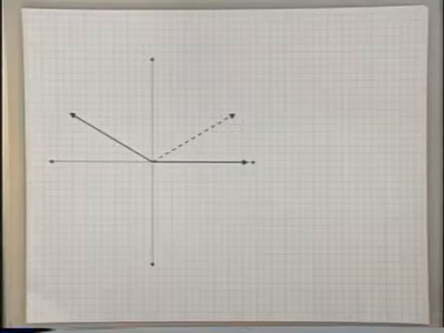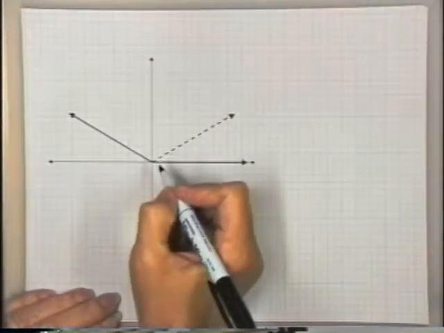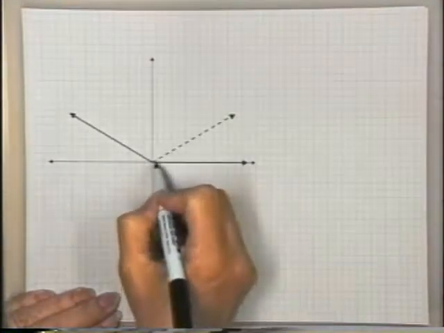What I want us to do is to take the angle 150 degrees and let's find the 6 trig functions of 150 degrees. All right, well, here's what I have here.